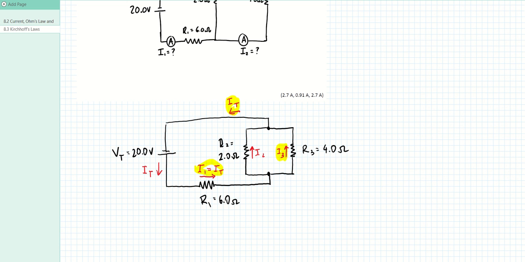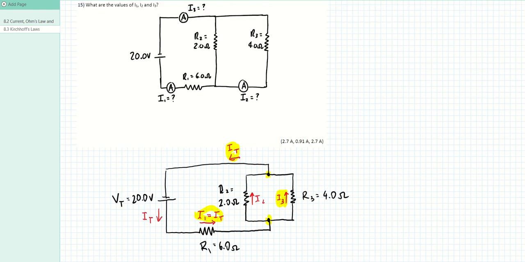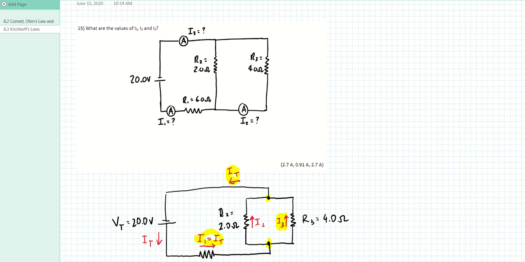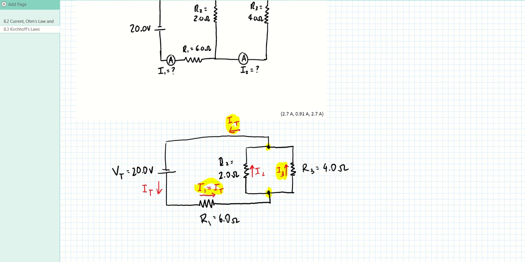It's going to flow through R1, so it's going to be my I1, which is still the same as I total because this is in series. And then it's going to split at this node right here into I2 and I3, and then it's going to combine again at the next node into the I total, which in the original diagram is labeled as I3. So I need to find the current that I highlighted in my redrawn schematic.